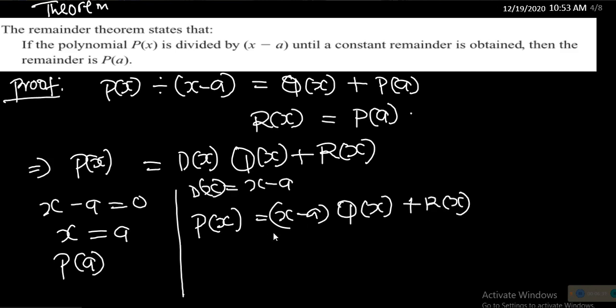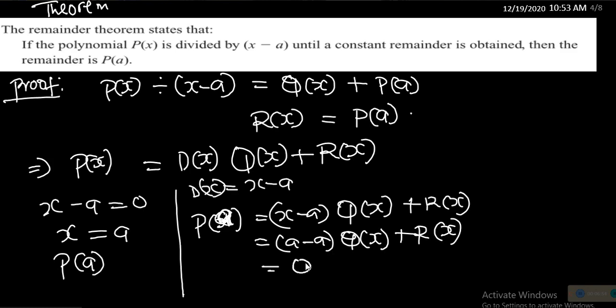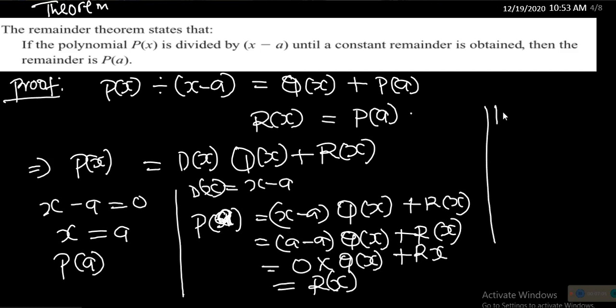Know that x equals a here. So if you substitute that, this is p of a, so we have a minus a multiplied by q of a plus r of a. So a minus a is 0, 0 multiplied by q of a plus r, and then we have r. Therefore p of a equals r.